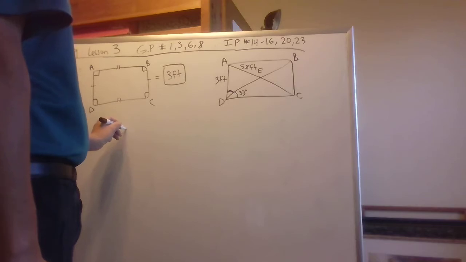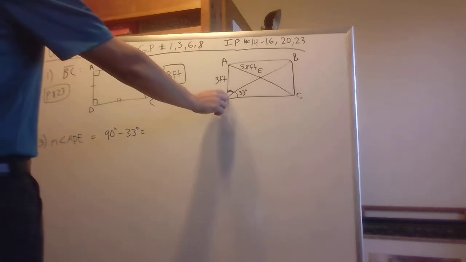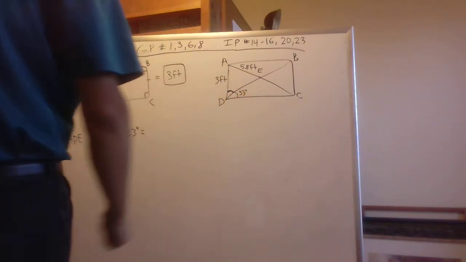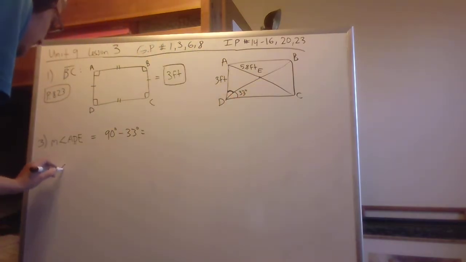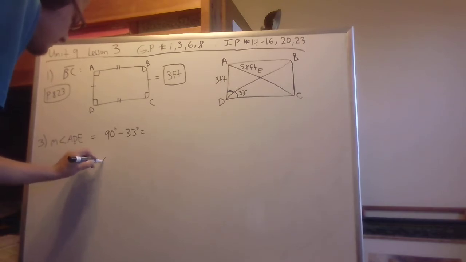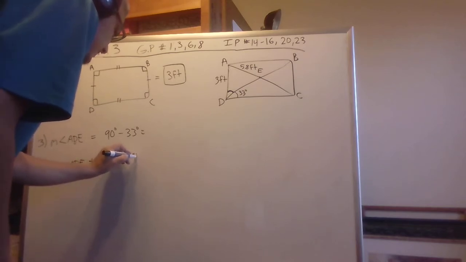So we're going to take 90 degrees and subtract 33, because these two angles, ADE and EDC, I'm going to write that down: the measure of ADE plus the measure of angle EDC equals 90 degrees.